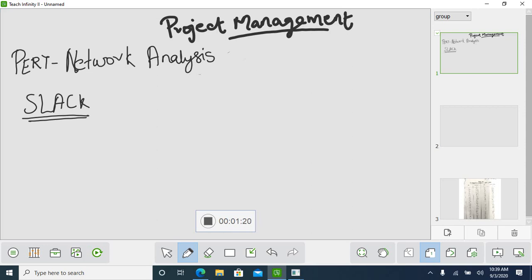So slack may be simply defined as the difference between the latest allowable time and the earliest expected time of an event.